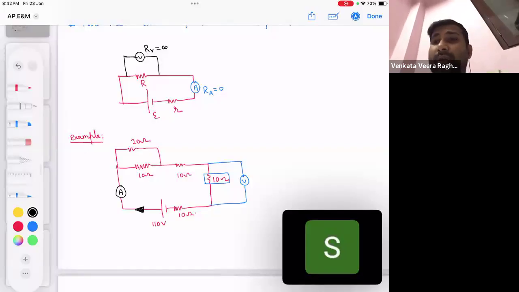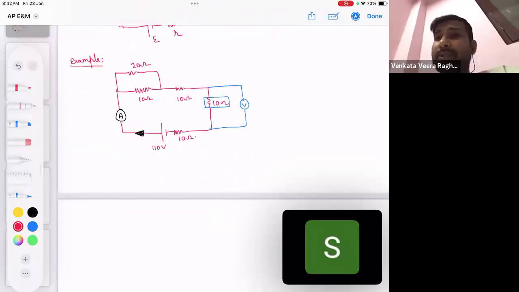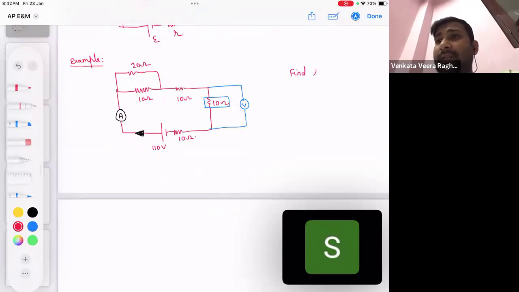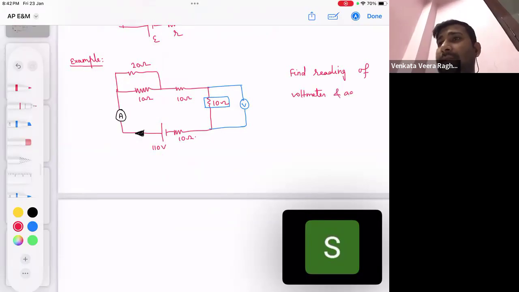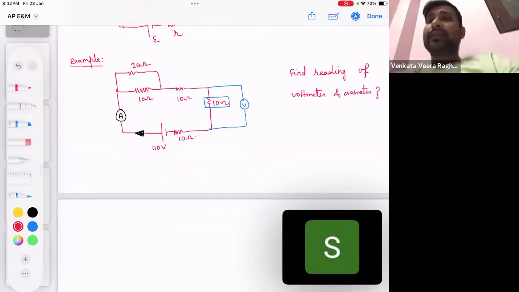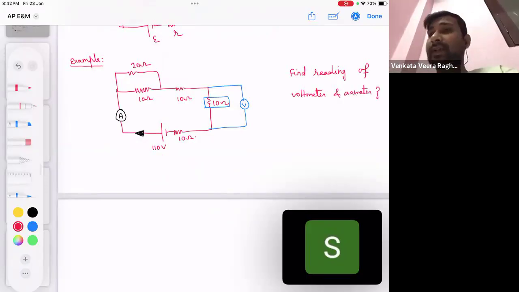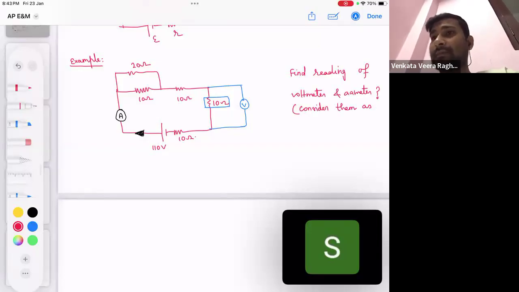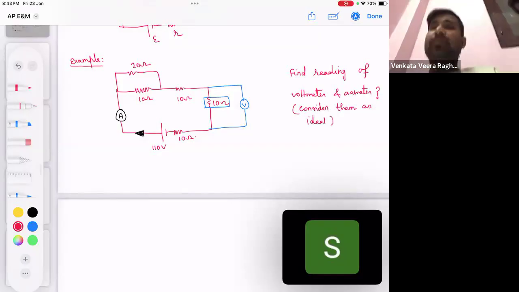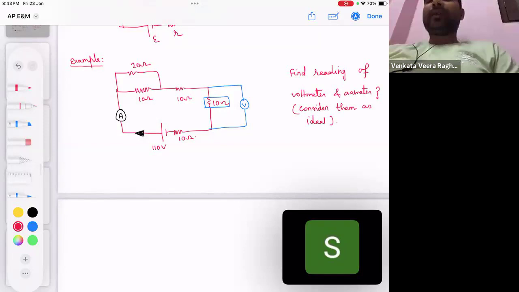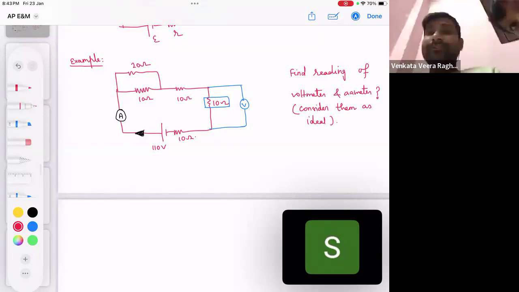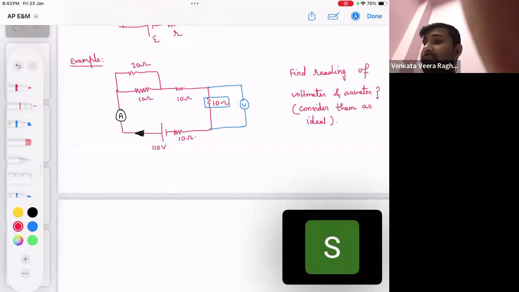So the question will give us like this: find the reading of the voltmeter and ammeter. Both are ideal. Ideal means the voltmeter is ideal and the ammeter is also ideal. Let's find out the reading of the voltmeter and the reading of the ammeter. These are the two things they are asking in the question.